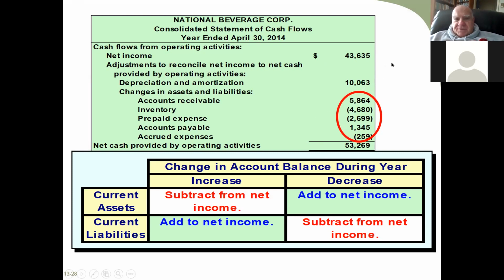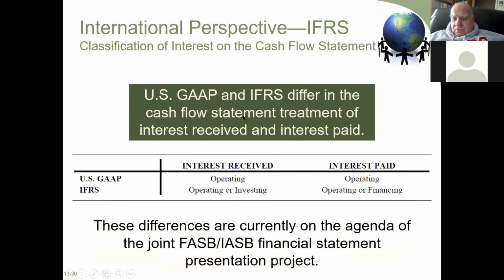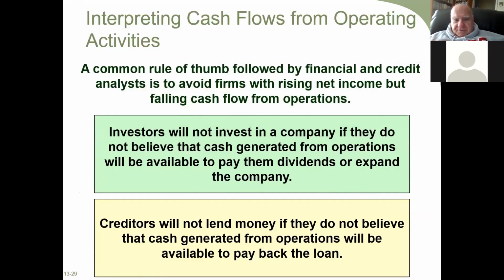But let's understand the basics here. Net income plus your non-cash expenses. They don't have any gains or losses here. Net income plus depreciation and amortization, plus or minus the differences in the current operating assets.